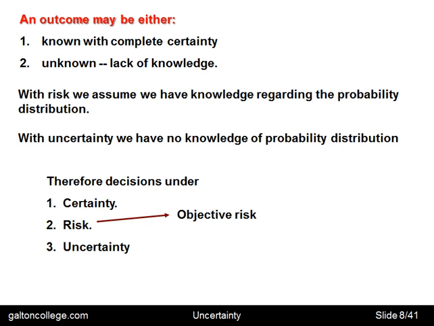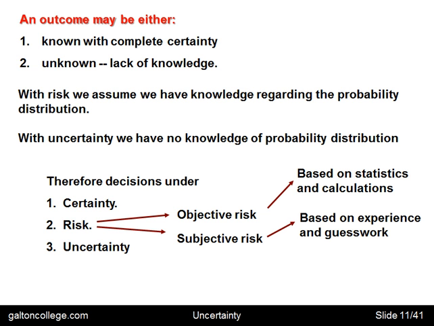Sometimes this is known as Bernoulli risk, named after Bernoulli, who did a lot of work in probability in the early days. But as far as we're concerned here, objective risk is measurable risk. It's based on statistics and it's based on calculations. So that's what we mean by objective risk.